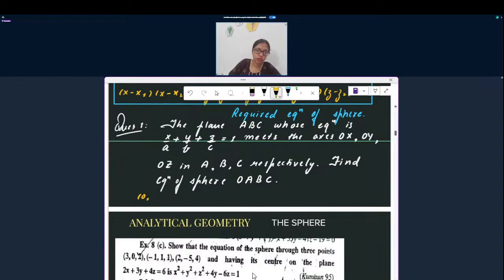Basically, in the equation of the sphere, you use the fact that 0, 0, 0 satisfies it. Capital O is the origin. Then capital A, which is obviously (a, 0, 0), right? On the x-axis, it is written. These are the intercepts. B is (0, b, 0), and C is (0, 0, c). Okay. Try.